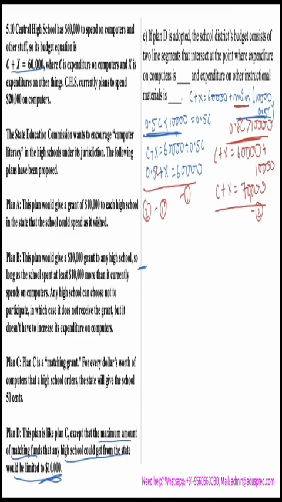That would be C plus X is equal to 70,000, and this is 0.5 C plus X is equal to 60,000. Subtracting both, X gets cancelled. We have 0.5 C is equal to 10,000, which implies C is equal to 20,000.